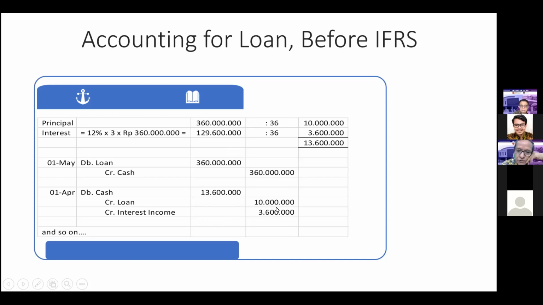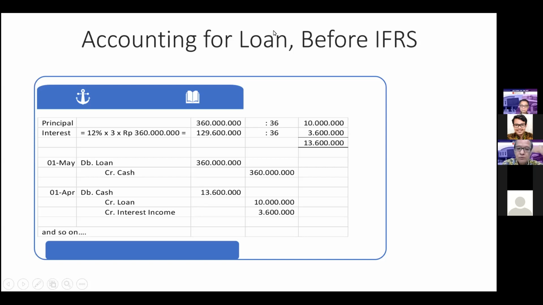After IFRS in 2010, this presentation is not allowed anymore. That's why at the time there was a lot of work in the banks to change their computer programs for calculating interest.